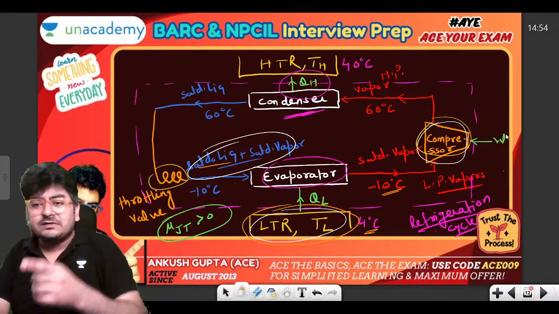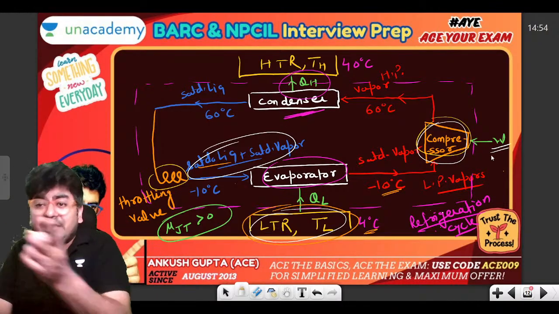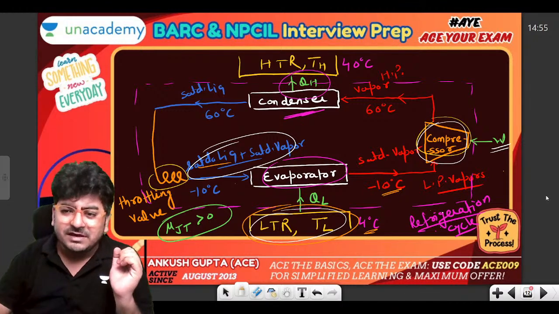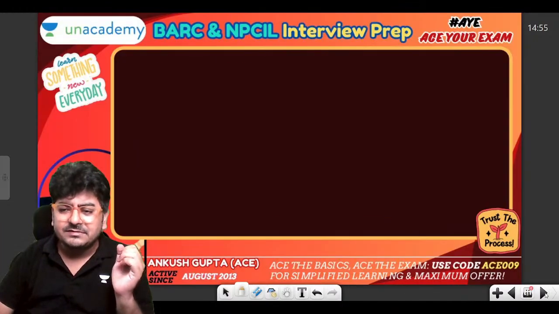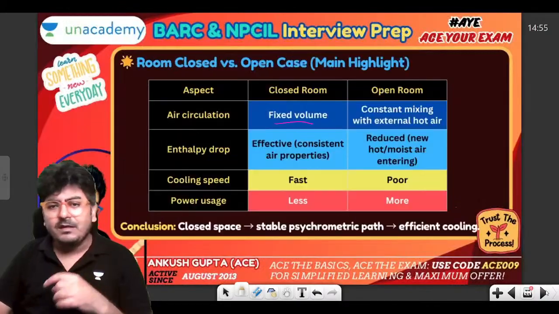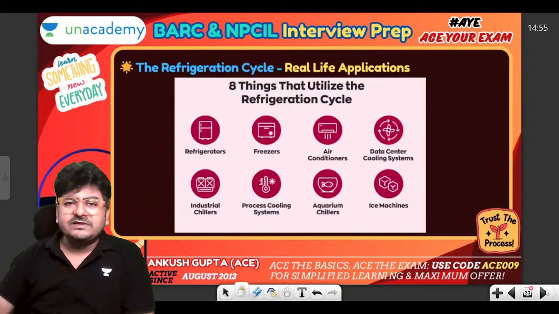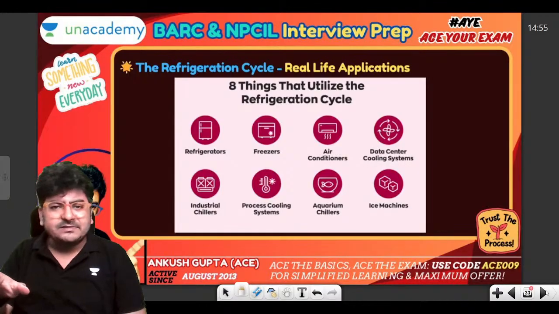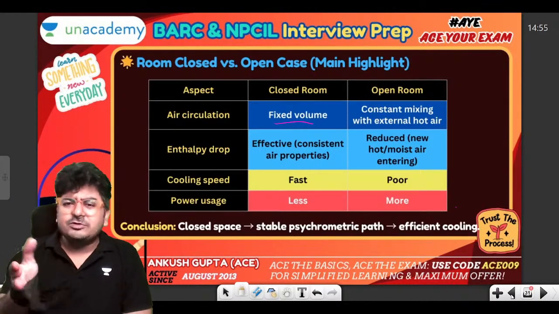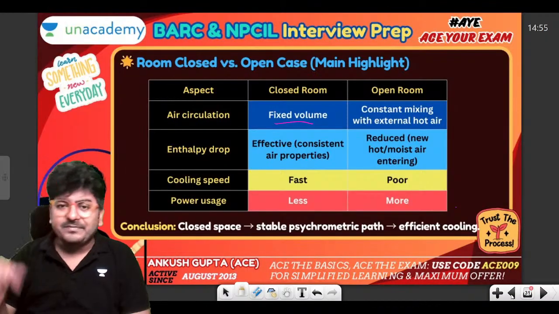Compressor load will increase. So that's why the work required will also increase. Basically, the electricity consumption will increase. Okay, so this is something about the air conditioner, guys. I hope you got the whole idea. There are other points also which you can check.